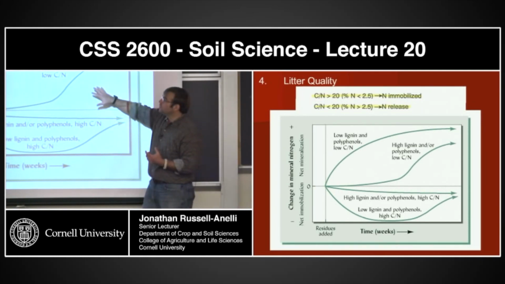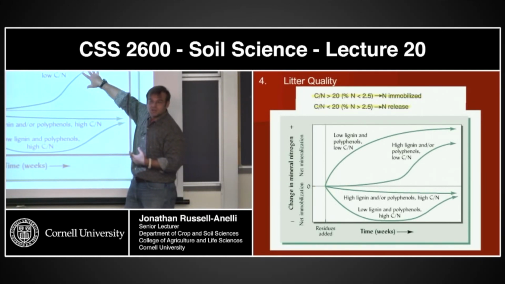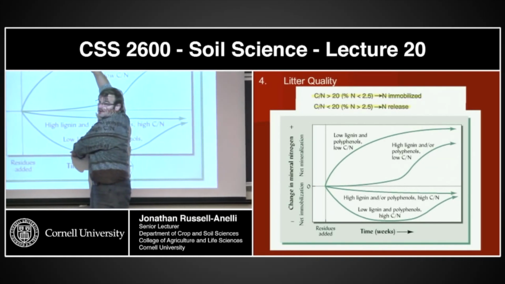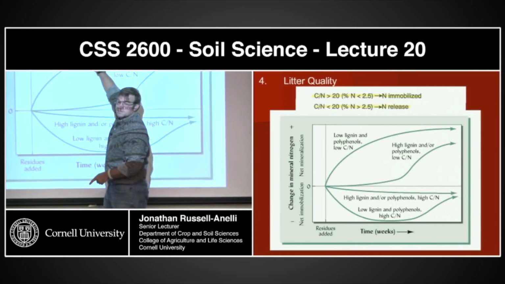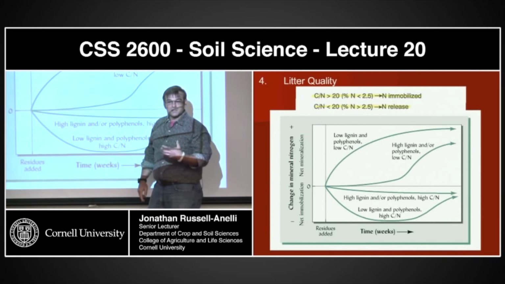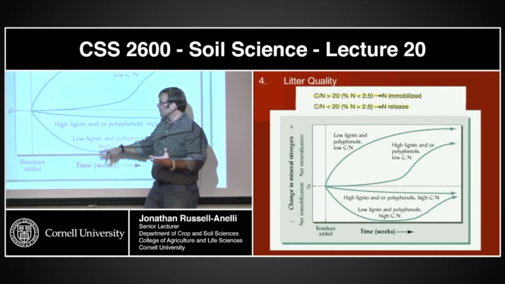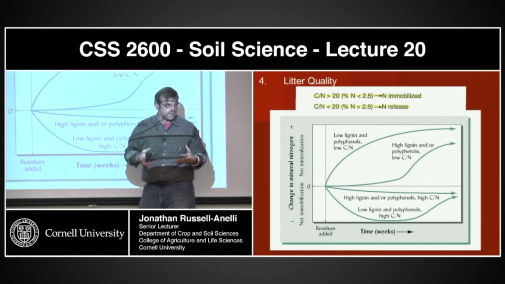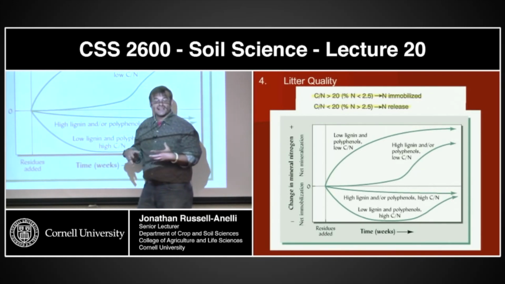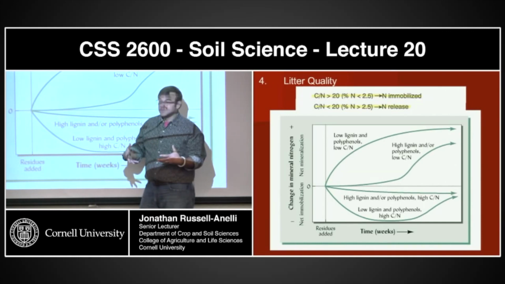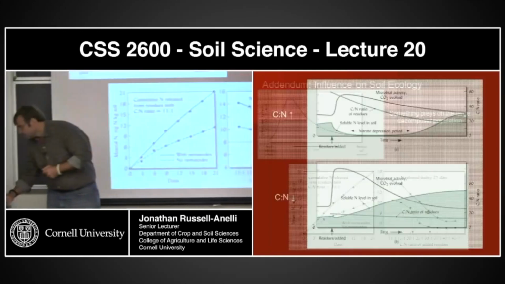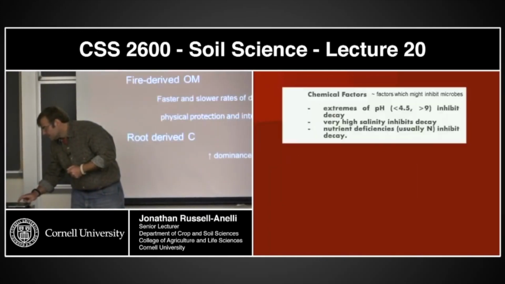So just because you have a low CN ratio doesn't necessarily mean the same thing. These 2 lines here are what we generally would think of: low lignins. Lignin content, the structure of the material, represents how fast it can in fact be decayed.